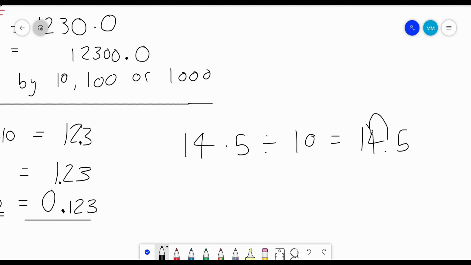So it goes over here. So now you know your answer is 1.45. Done.